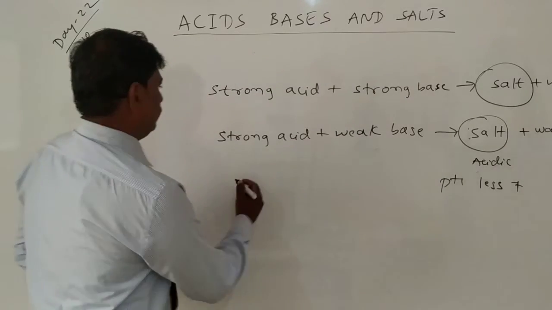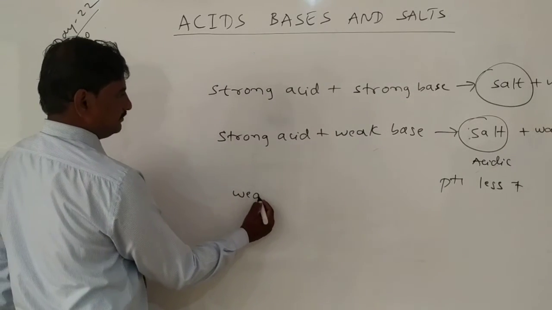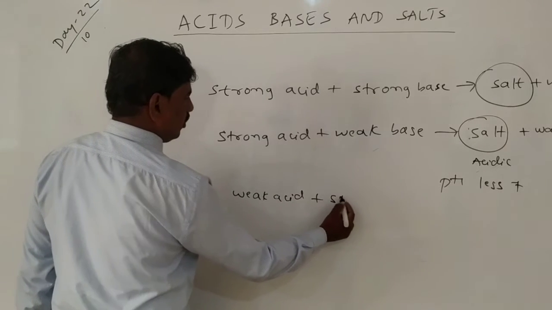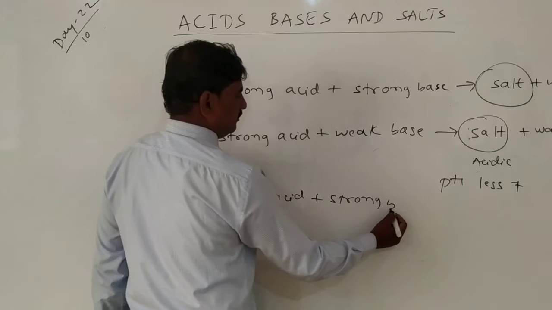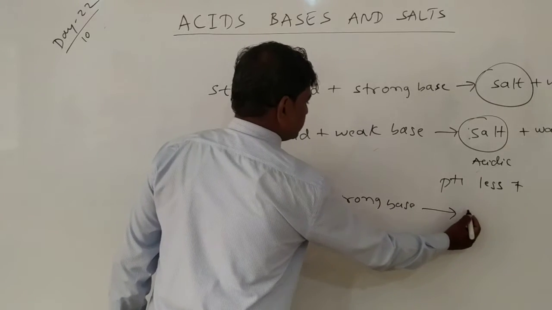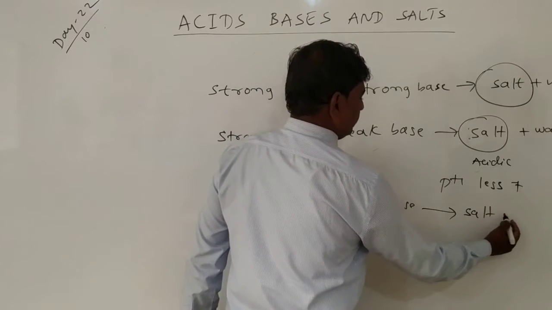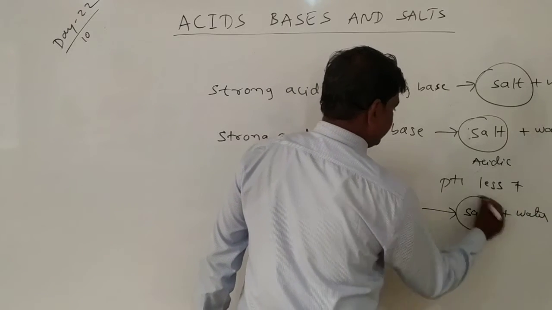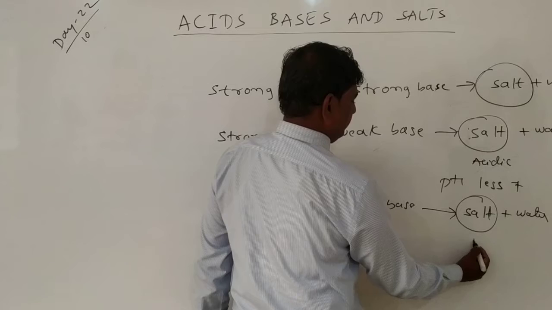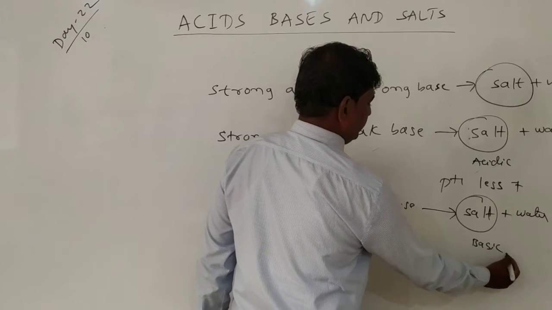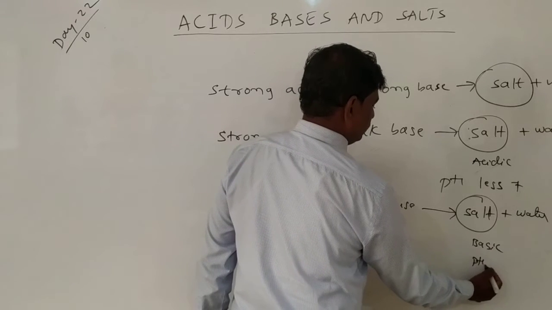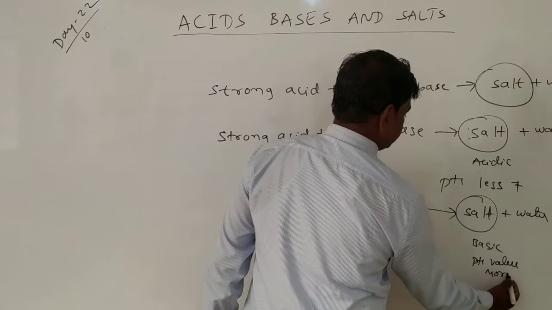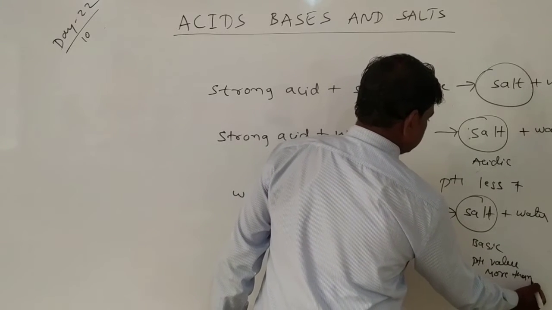Suppose weak acid plus strong base, then what is the reaction here? There is also salt plus water, but this salt is basic in nature, that is, a pH value more than 7.